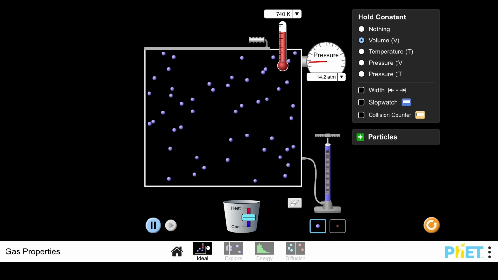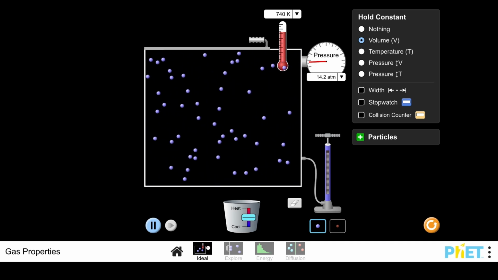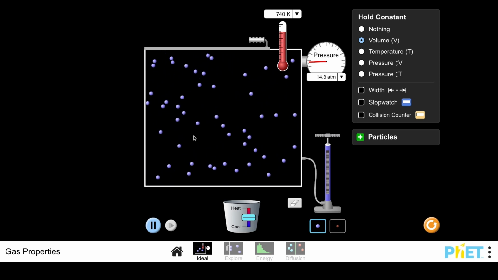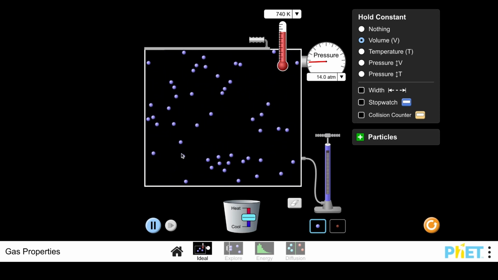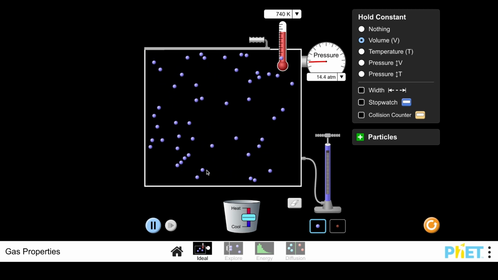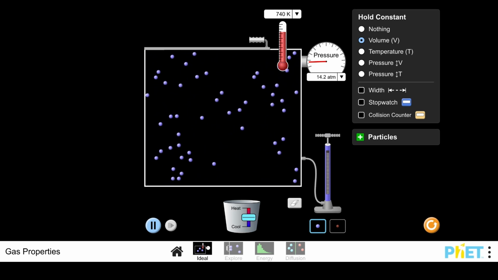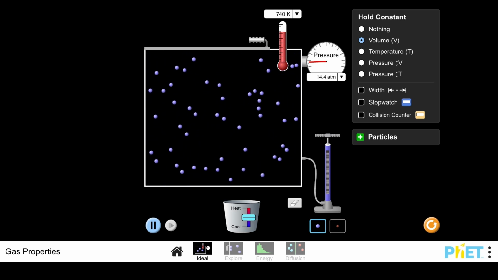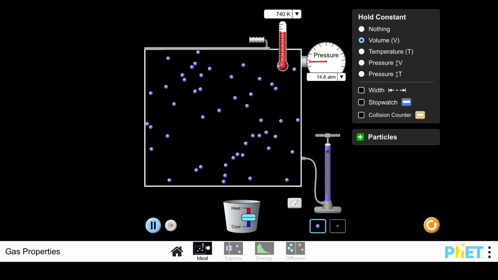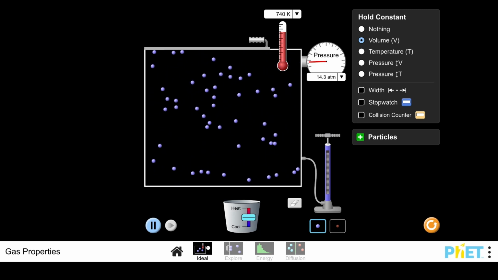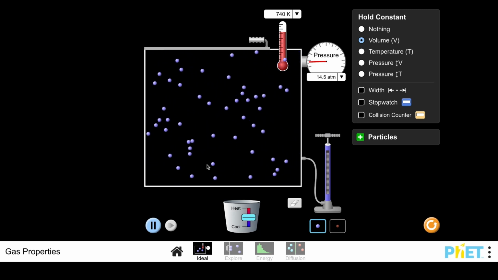And why do we say average? Well, it's because some gas particles are still moving really slowly. But the majority, you can see most of it is moving faster than when we started before. So we say the average kinetic energy increased.